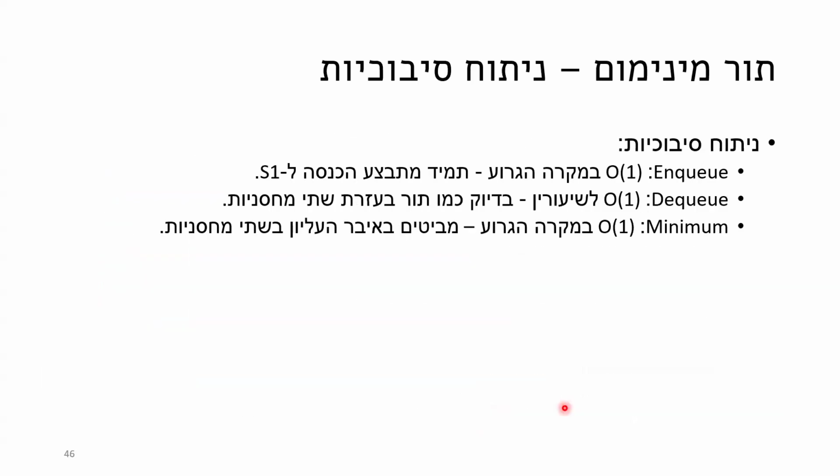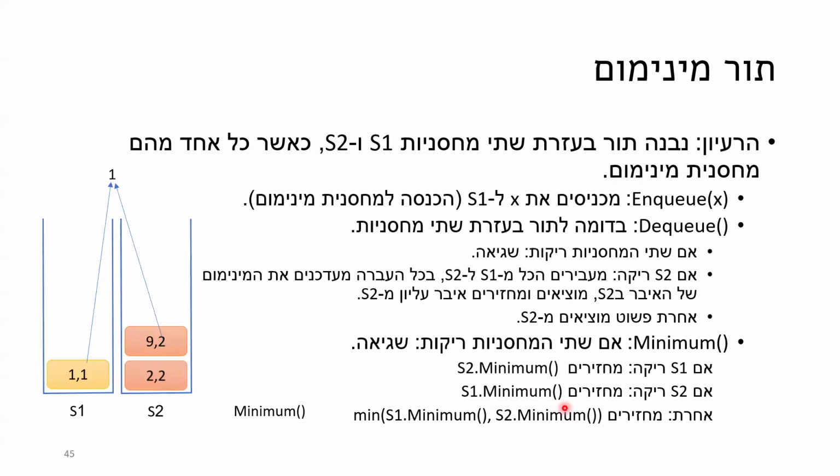All right, now we have to calculate the complexity. So NQ, we know it is O of 1 in the worst case, we always just insert into S1. Now DQ is O of 1 amortized, exactly like a queue with two stacks, right? Because in worst case, we have to take all the elements here, could be n elements, and transfer them to S2, which could take O of n worst case.